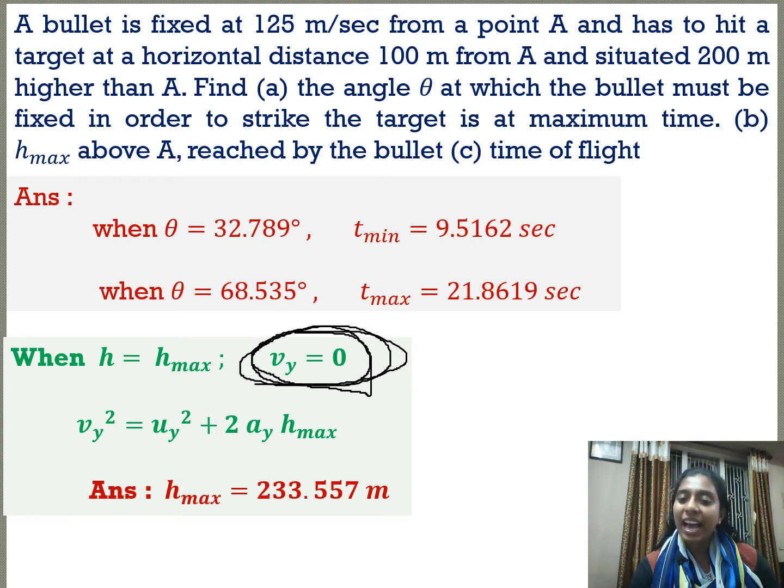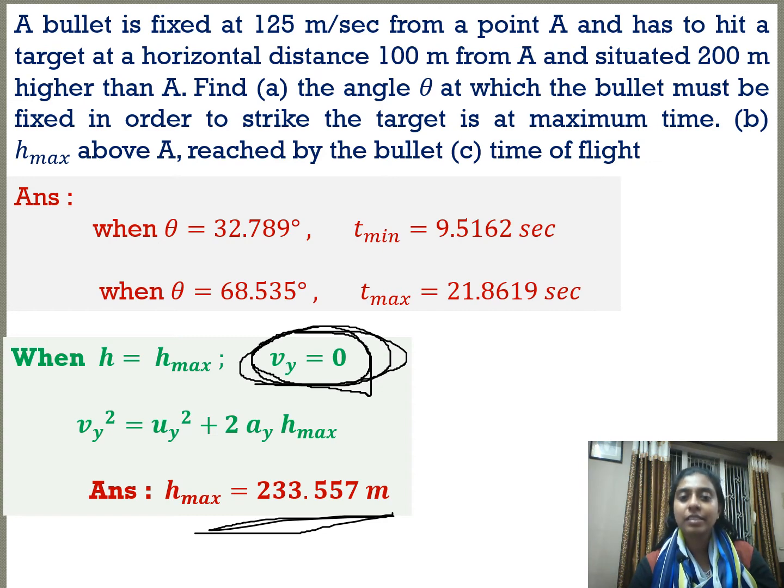H means height, that is the vertical distance. So for the vertical distance, when it is h max, Vy will be equal to 0. And substitute v square is equal to u square plus 2as. We get h max is equal to 233.557 meter.